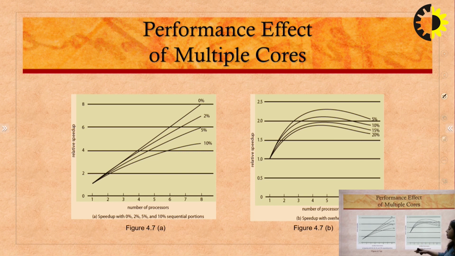As the number of processors increases, the relative speedup goes up to level 8 for 0%. In the other graph, the speedup with overheads, there is a parabola-like curve displaying the different percentages of 5%, 10%, 15% and 20%.